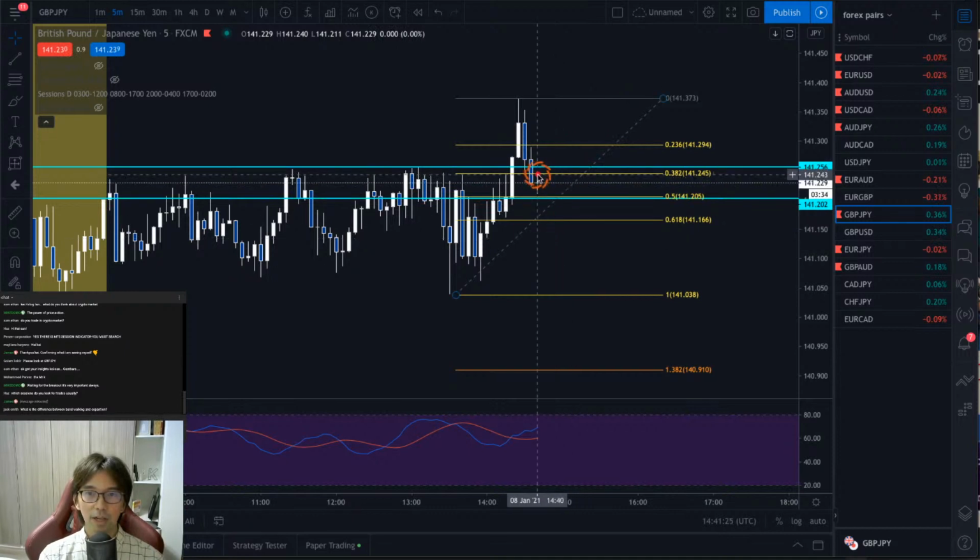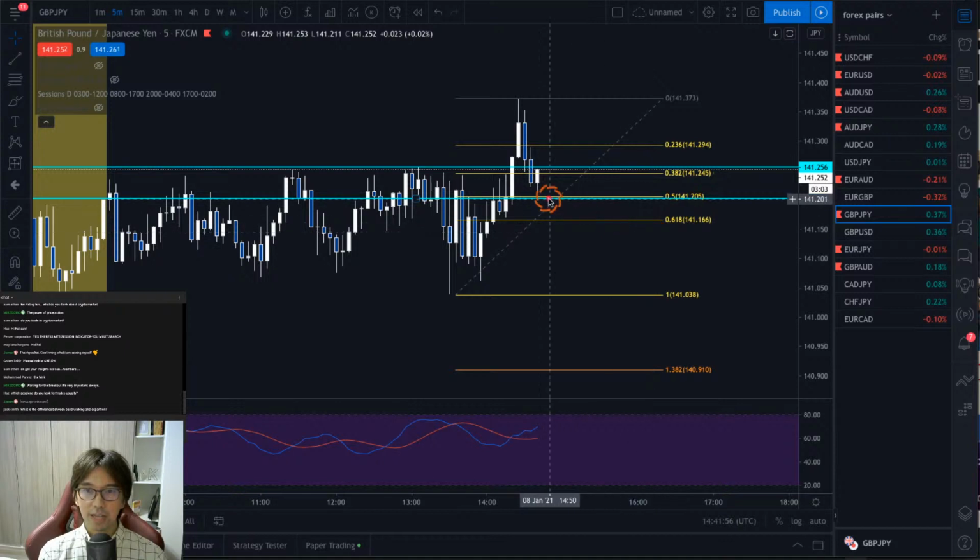Let's say an inside bar happens like this around the 50% or 61.8% level. If there is an inside bar happening, maybe slightly below, like over here, inside bar and breakout, that will be a great confirmation to buy too, if it happens like this.